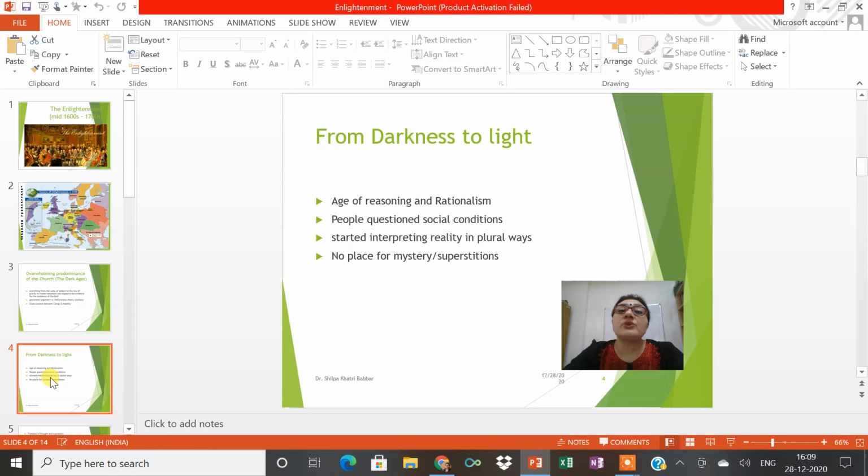Enlightenment is, in short, referred to as the age of reasoning, where reason was applied not just to the natural world, not just to the happenings around, like natural forces, calamities, diseases, but also to the human world, that is, to social conditioning also.